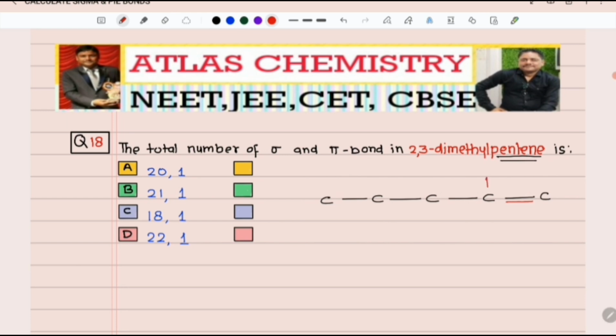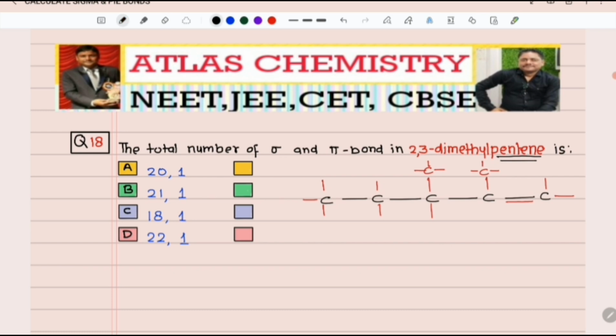So it is 2 and it is 3, there is a methyl group. So that is CH3, CH3, and here there is 3 hydrogen atoms, 2 hydrogen atoms, here is 1 hydrogen atom, and here are 2 hydrogen atoms.